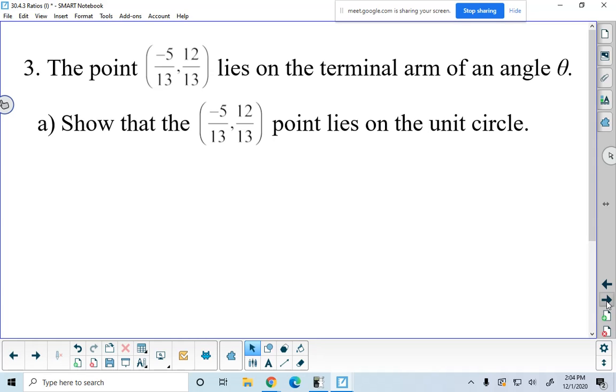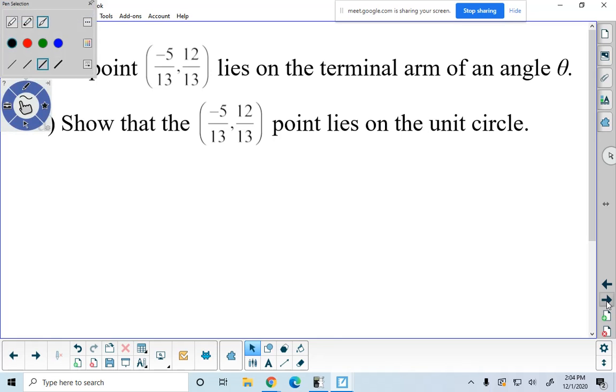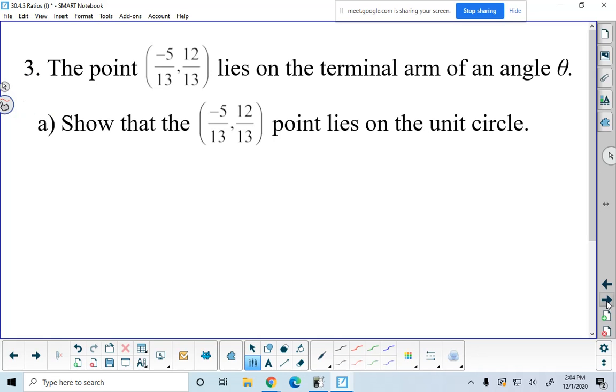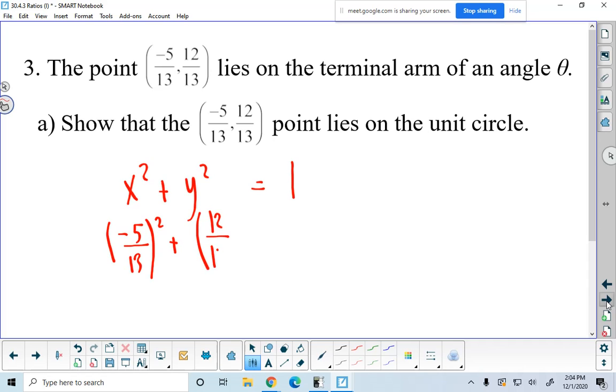Well, if a point is on the unit circle, from the lesson before this, x squared plus y squared has to equal 1. So we can take negative 5 over 13 squared and add 12 over 13 squared and see what we get. And I don't want you just to use your calculator here.